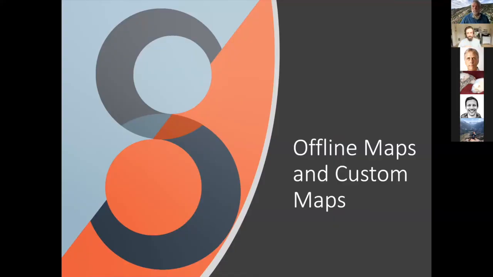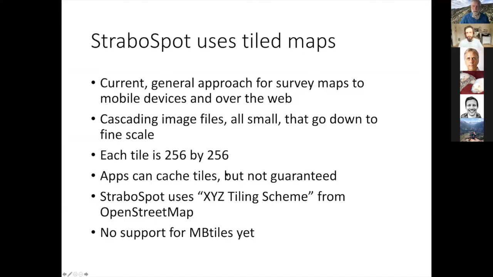One of the things to get you homed in on is that StraboSpot uses tiled maps. You may not have thought about this very much, but when you get a map that comes into your device, it has to be downloaded somehow.